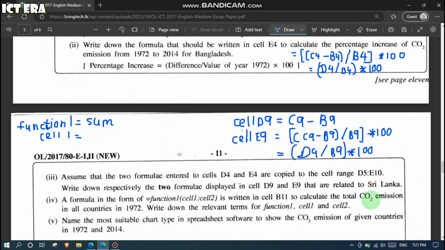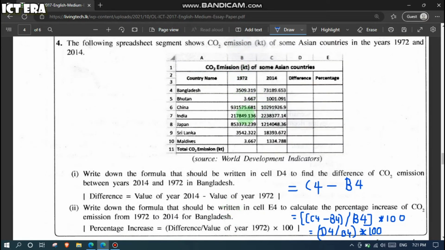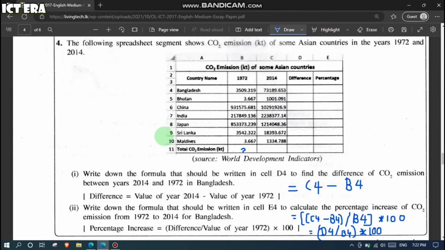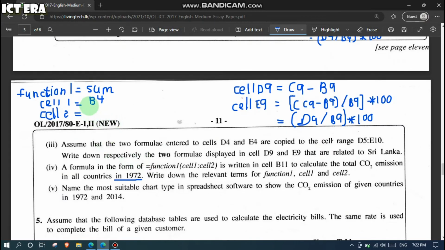Now cell 1, total carbon dioxide emission in all countries in 1972. 1972 means here, right? So first cell should be B4, and the second cell should be cell 2, B10, right?